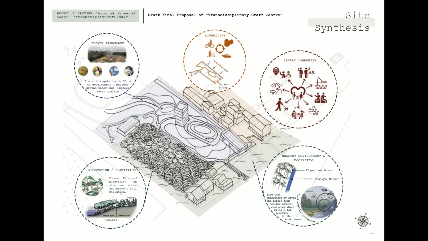The site attracts a lot of people, whether local or tourists, creating a lively community. It is a livable area which residents can easily access by bike or on foot. The flower landscape provides fresh and clean air, and planting flowers reduces heat and provides a cooler temperature to the site.